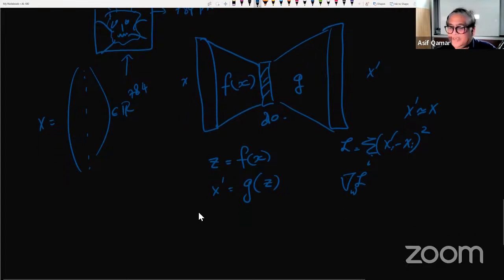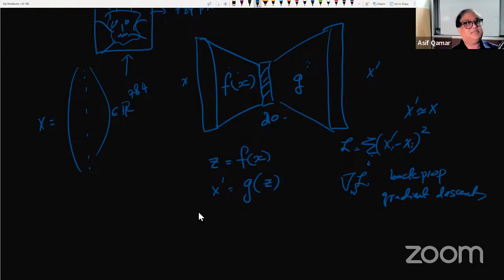So what we can do, I can find the gradient with respect to all the weights, and so I can train the weights and do gradient descent, backprop, everything.